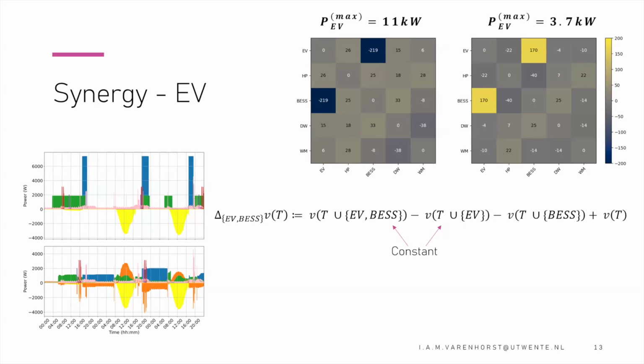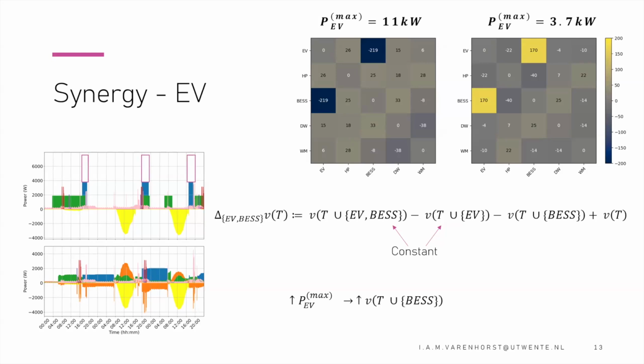Because if we control the battery, then if the charging power of the EV goes up, that means that the worth of controlling the battery also goes up. Why is that? Again, if we look at this plot, we see the charging peaks of the EV here. If we control the battery, it is going to shave the highest peak from the profile of the EV.